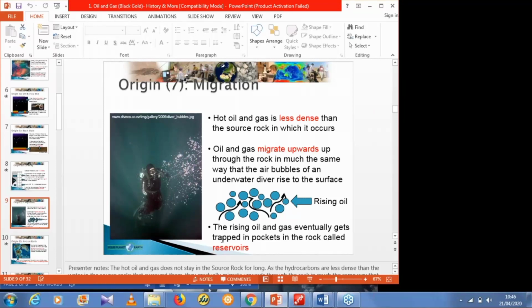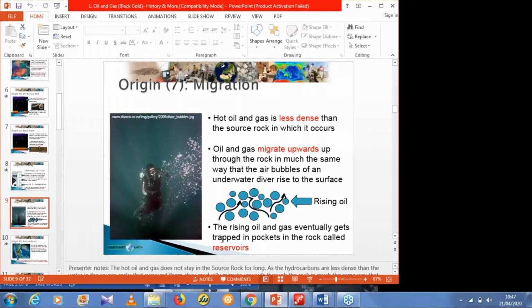So these are the areas where the less dense oil and gas migrates to once it sees the cavity. We refer to them as pockets, but they are really called reservoirs. So once it filters away, it migrates through pores.